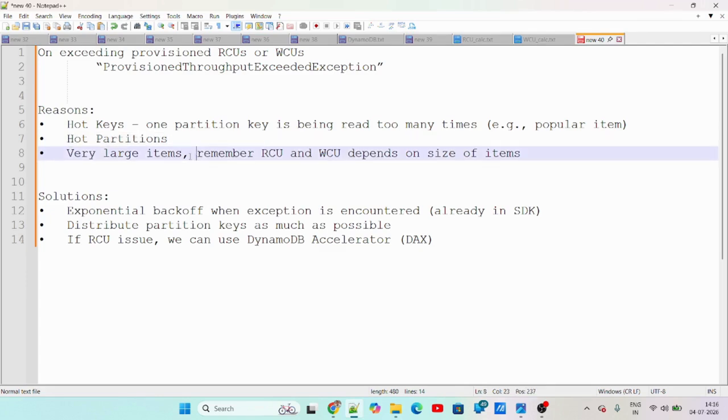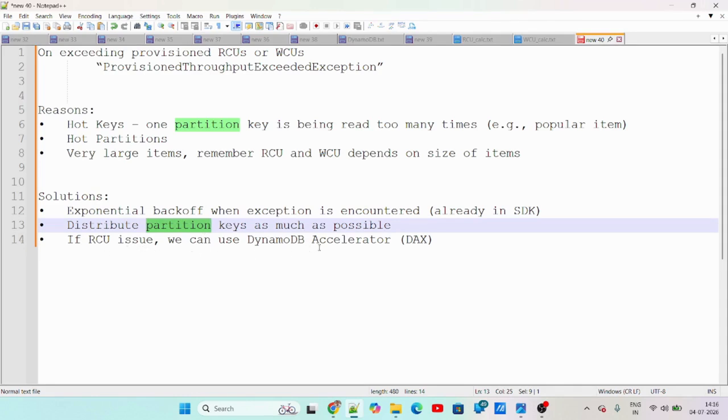And obviously the item size being very big. Solutions could be exponential backoff, which is already part of the SDK, and you should distribute the partition keys as much as possible. That is the key thing there.